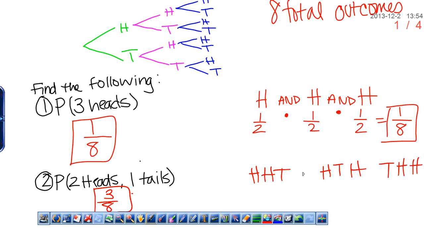So I want this, or this, or this. And in probability, or means addition. So each of these paths has a 1/8 probability, right? Half times 1/2 times 1/2. So this is 1/8 plus 1/8 plus 1/8, which gives me my 3/8.